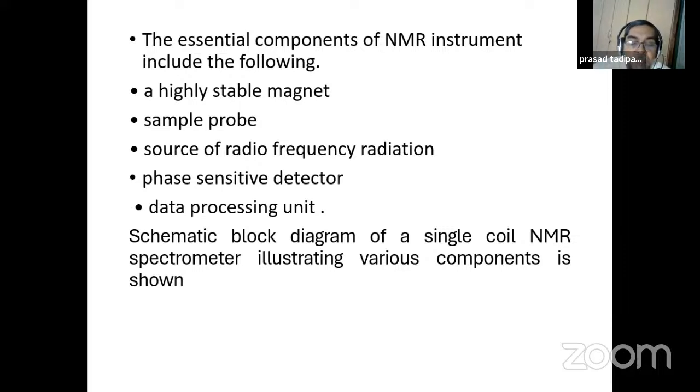This is nothing but the steady state condition. These two, the steady state condition and the homogeneity of the magnetic field, must be satisfied to get a good spectrum. That is important for this one.